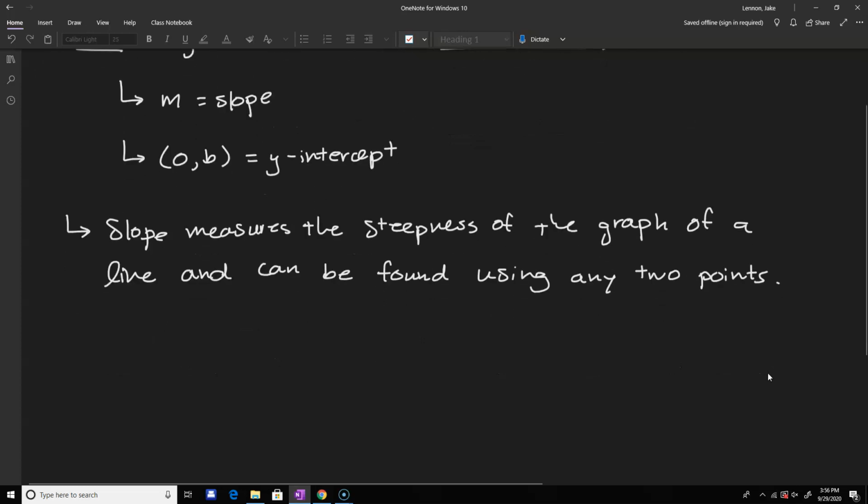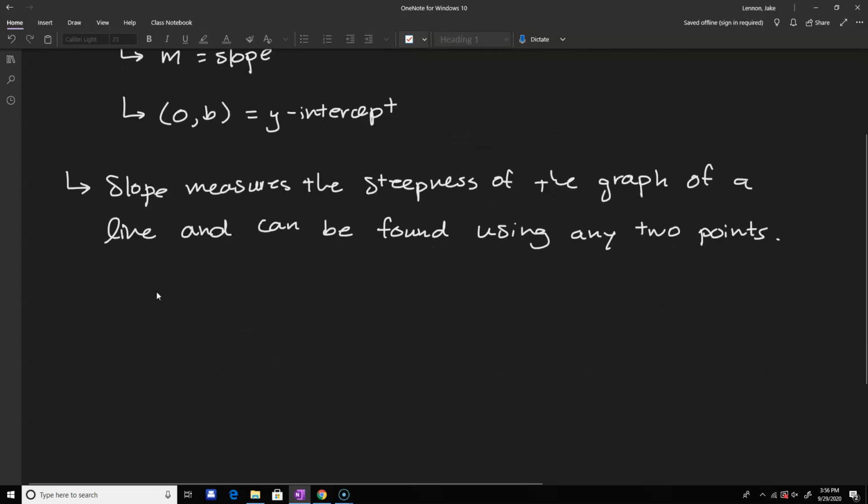So let's suppose we had 2 points. Each of those points we would know their coordinates. So we would call them maybe x subscript 1, y subscript 1, and x subscript 2, y subscript 2. These are the 2 points.